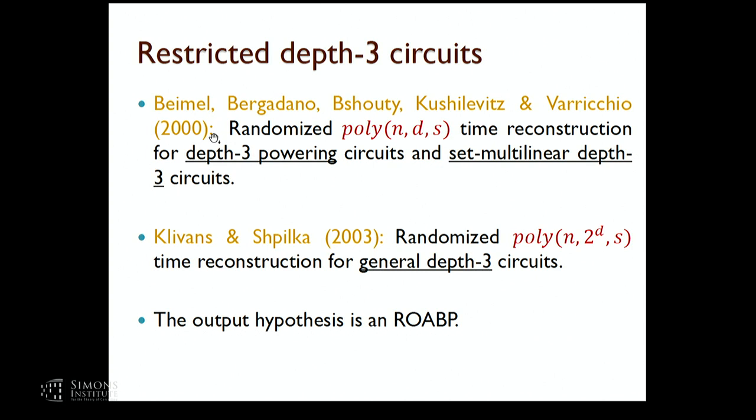And the same argument, Kleivansh and Spilka saw, that this also gives a reconstruction algorithm for general depth three circuits, but it's no longer efficient, it's exponential in d. These algorithms are not proper learning because the output is an ROVP and not a depth three circuit.